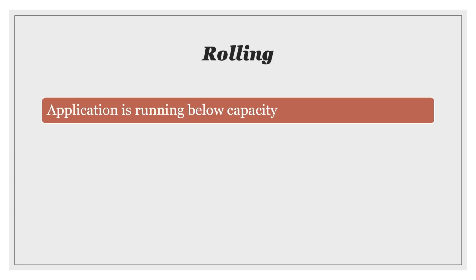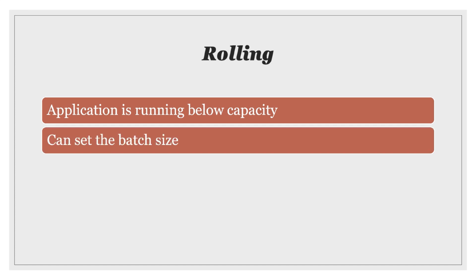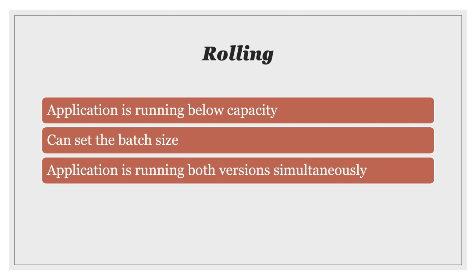So let's see the features. The application will be running below capacity. During the time when you take the batch and it is being updated, in our case 2 instances, our application will be running below capacity. You can set the batch size if you want. The application will run both versions simultaneously.